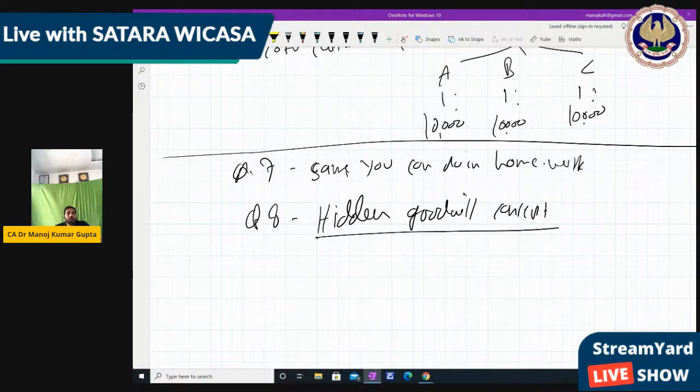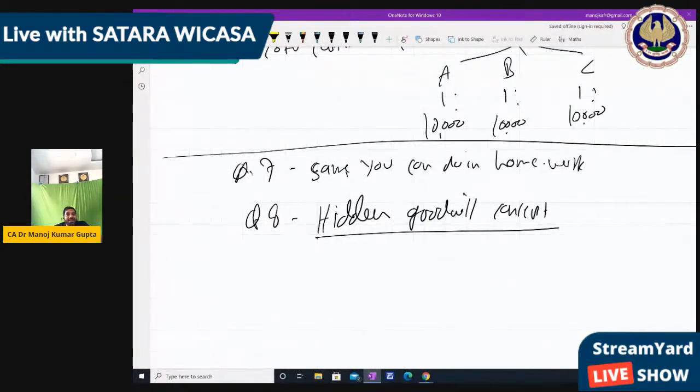So I told you last time also, hidden goodwill is nothing but we calculate the value of capital on the basis of the new partner and compare it with total capital.